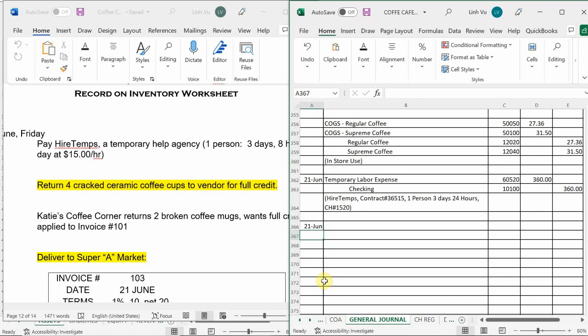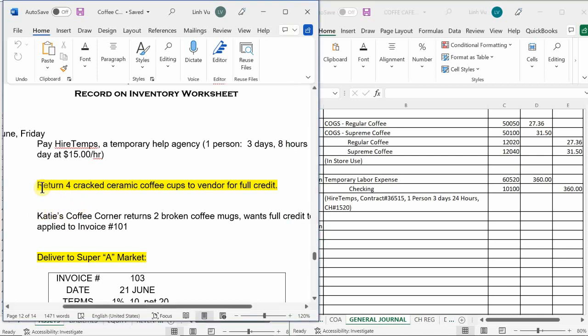We have 15 two broken coffee mugs. We are returning 4 of them.